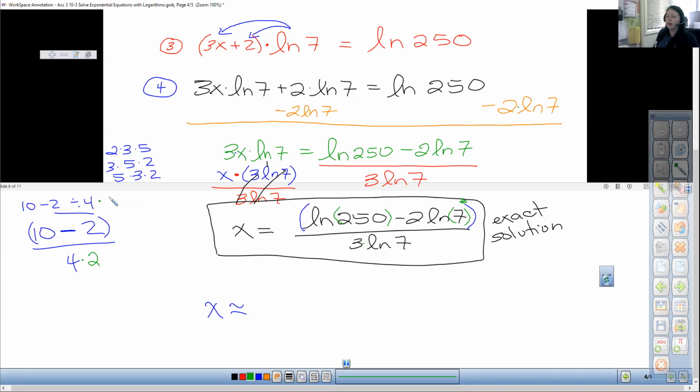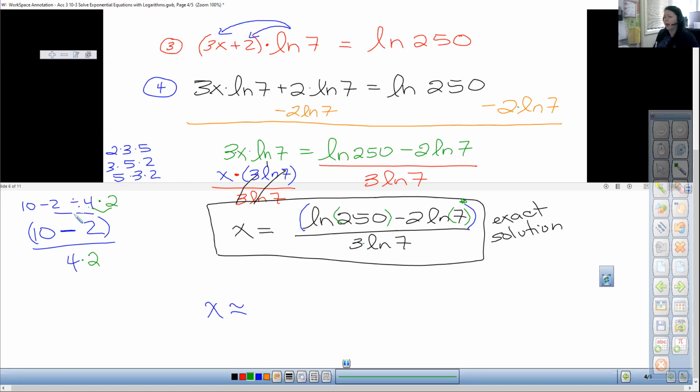If I just type this expression, 10 minus 2 divided by 4 times 2, into my calculator, it will do the division, then the multiplication, and then it'll go back and do the subtraction, because order of operations says to multiply or divide left to right first, then add or subtract left to right last.